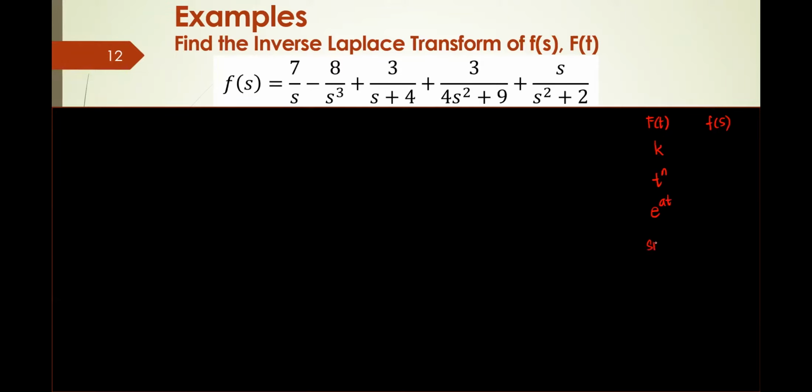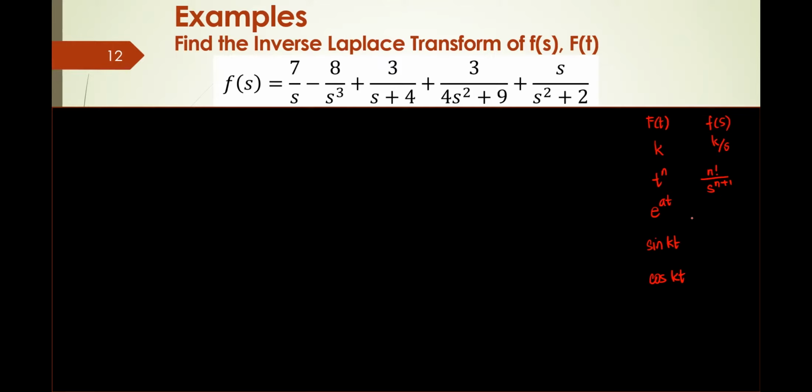For the constant, if you can recall, k over s. For t raised to n, what will it be? Isn't it n factorial all over s to the n plus 1, right?